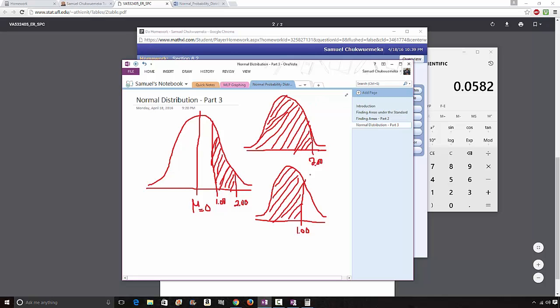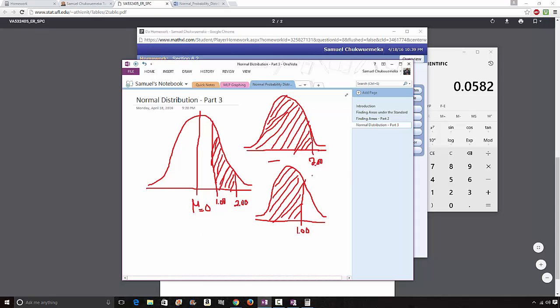Do you notice that if you subtract this area here from this area, you will have this area? Do you see that? So that is the way we do it. Anytime we are being asked to find between using this table, that is what we do.